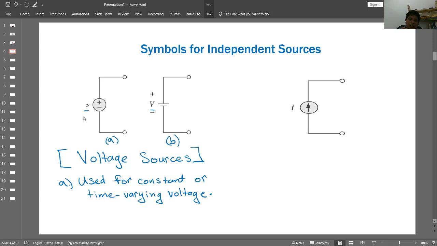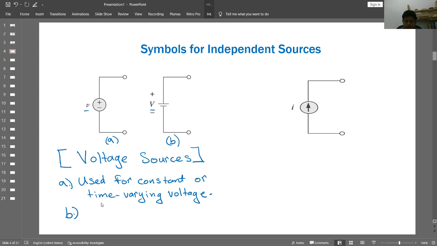It can be constant or it cannot, but it can be used in both circuits for the same purpose of saying that we have a DC voltage source.